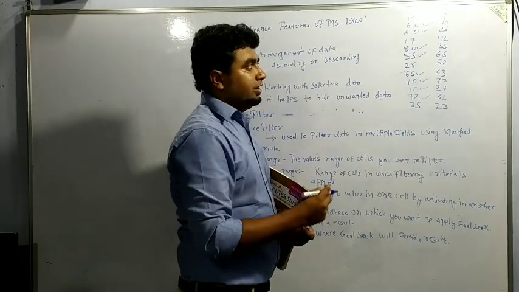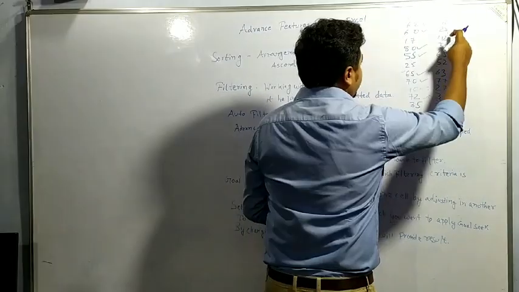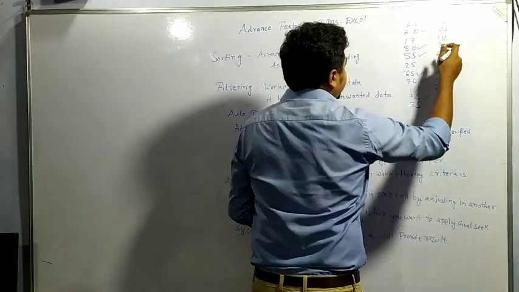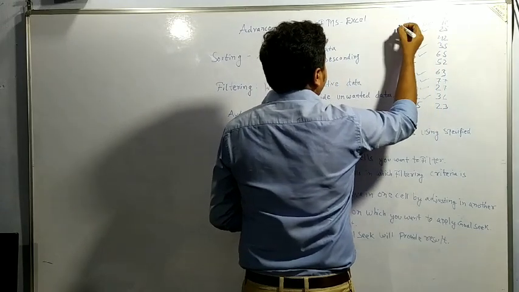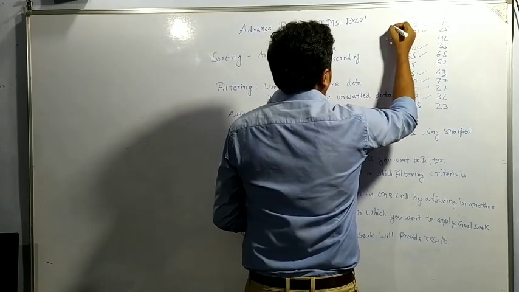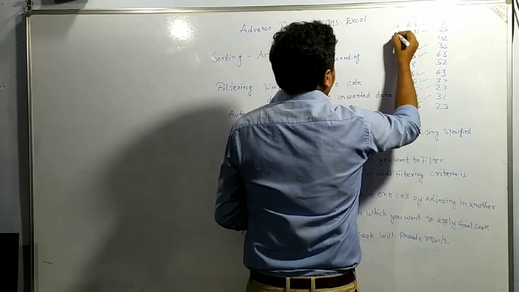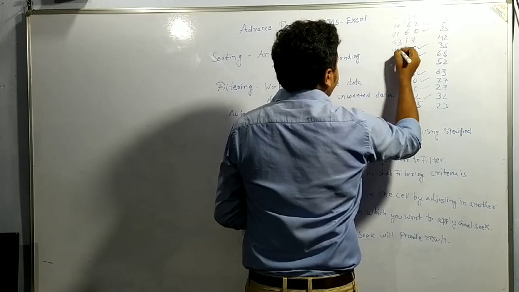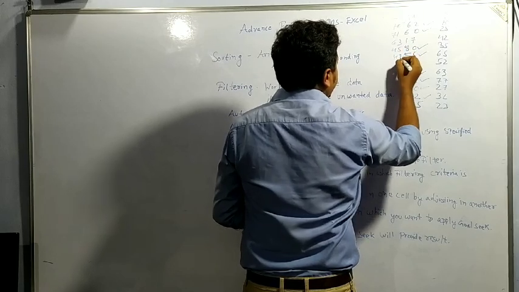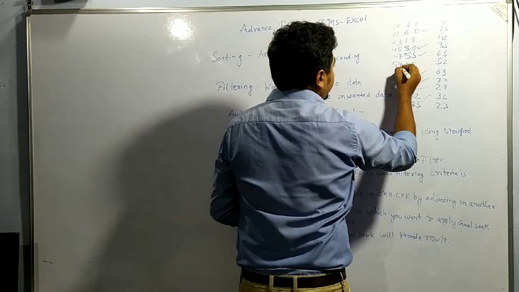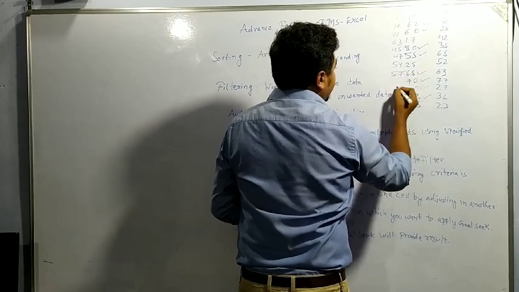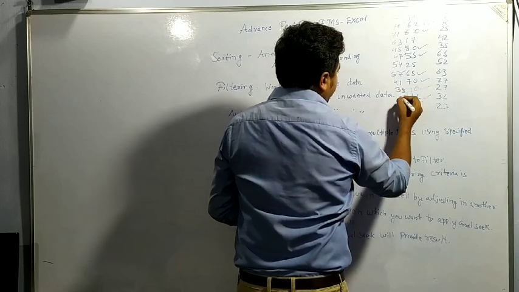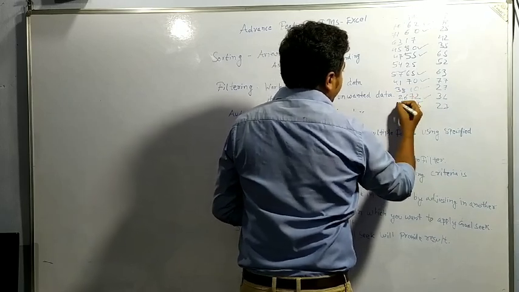These are the values scored by students in the physics subject. One more subject, computer: 70, then 71, 63, 45, 47, 54, 57, 41, 38, 26, and 24.